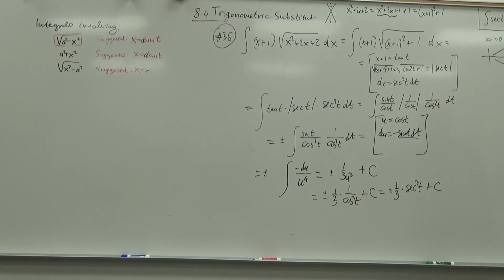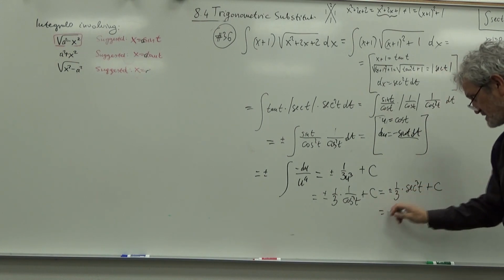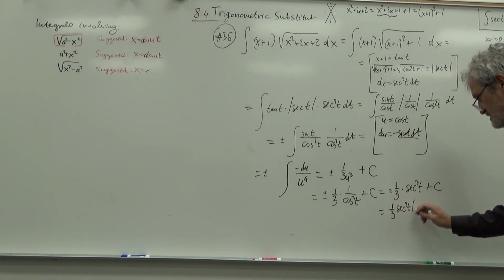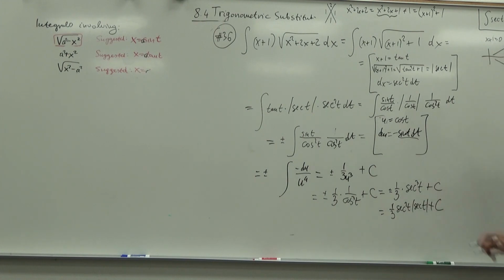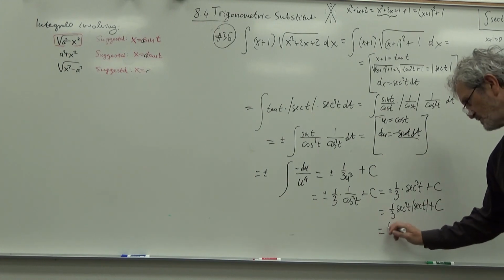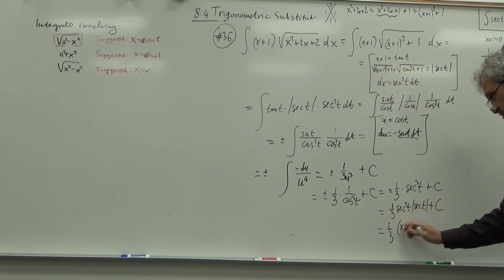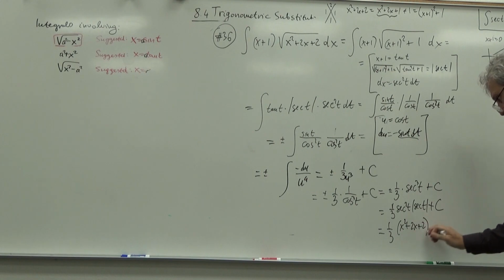Now I can absorb this plus or minus and say the following: 1/3 times secant squared t times the absolute value of secant t plus c. And secant squared t from here is this expression, x squared plus 2x plus 2, times square root of x squared plus 2x plus 2 to make it absolute value, plus c.